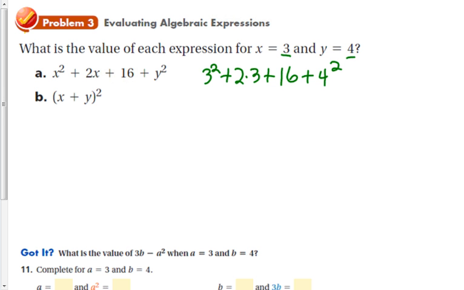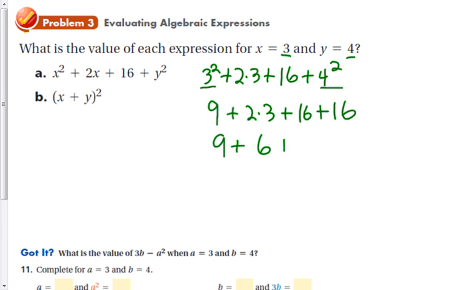Since there are no parentheses, we better do these powers first. So we get 9 there, and then we get 16 here. And now I'm going to do multiplication. So that's 6. Then I'm going to add them all up, and if I do it right, I think I get 47.